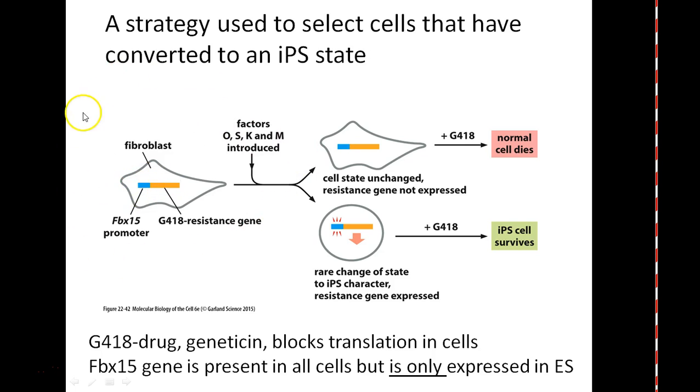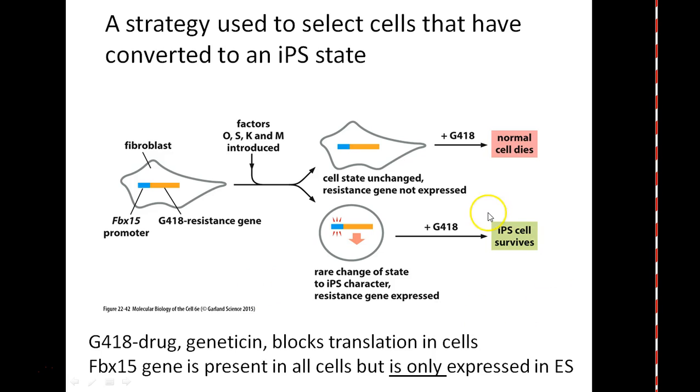So they created this fibroblast with this transgene, and they transfected the OSKM factors on viral vectors. Then they plated those cells on media containing geneticin. All of the adult cells would die because they were not able to survive on the drug. Only the cells that were able to convert their state to the pluripotent stem cell-like state were able to survive on the drug.